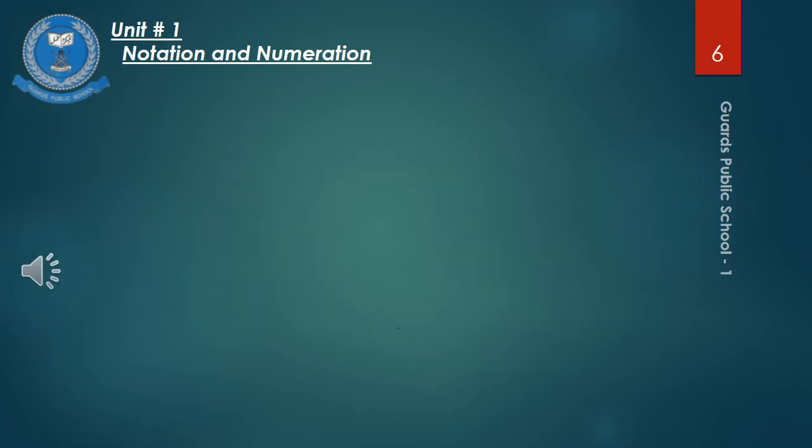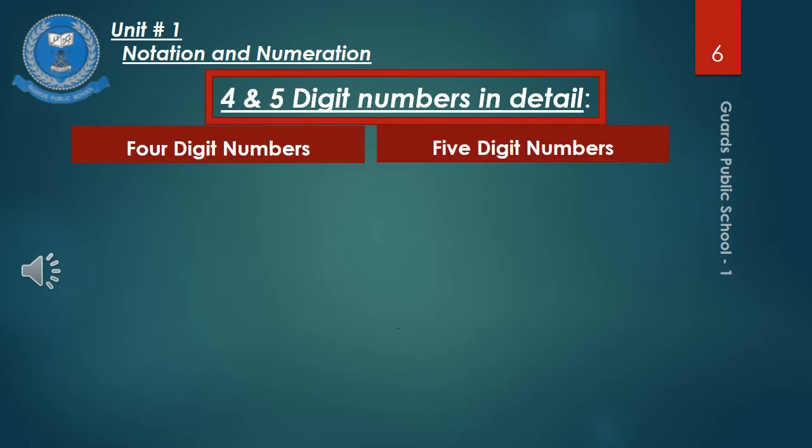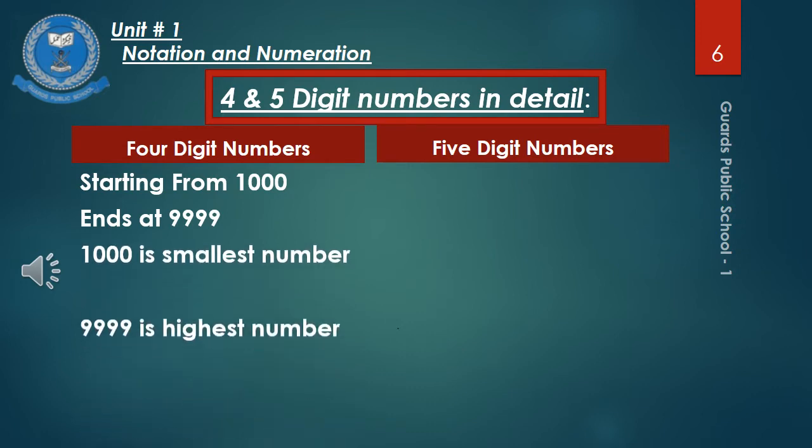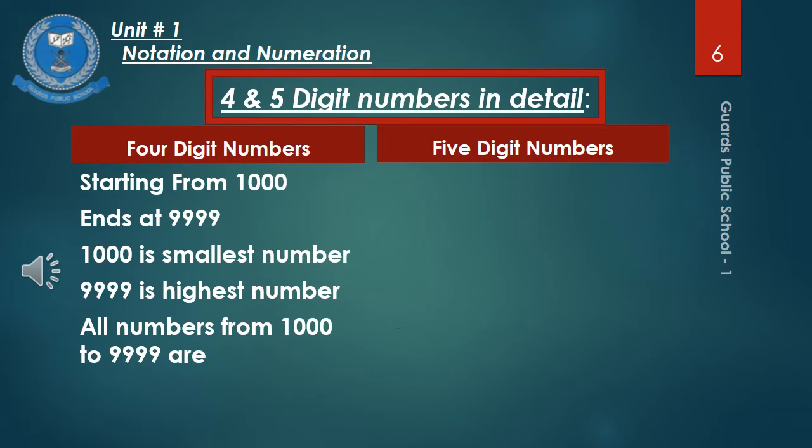Now students, look at this carefully. It will clear your concept about 4 and 5-digit numbers. When you start to write the numbers from 1000 and end up at 9999, all the numbers between them are called 4-digit numbers. 1000 is the smallest 4-digit number, and 9999 is the largest 4-digit number.